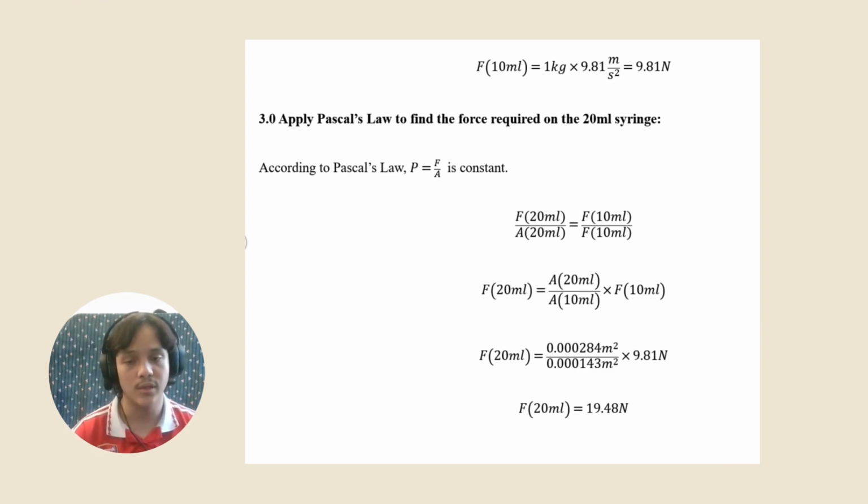So after we get this equation, we must rearrange the equation to get the force required on the 20 milliliter syringe. For our team, the force that we get is 19.48 Newton.